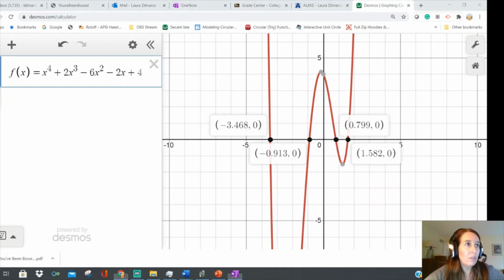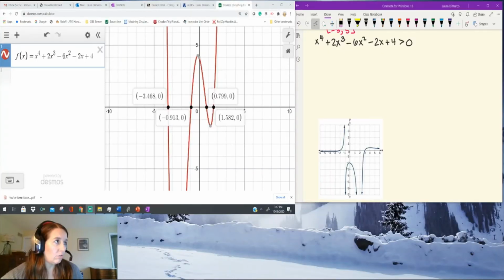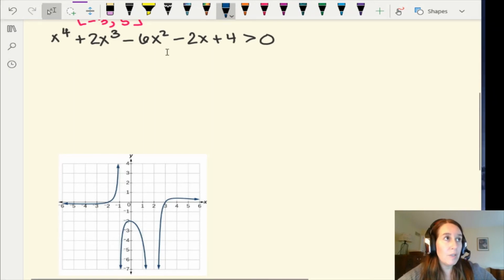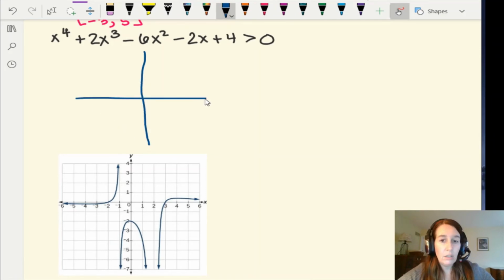So let's go back to our drawing. What we would do to solve this problem graphically is just make a quick, not too accurate sketch of the graph, as good as we can make it. And then we would just put down what these zeros are.